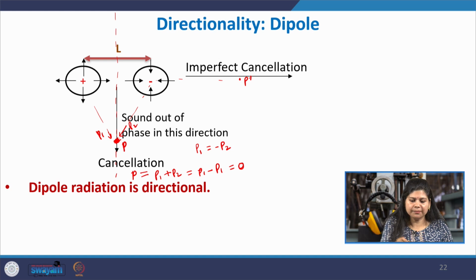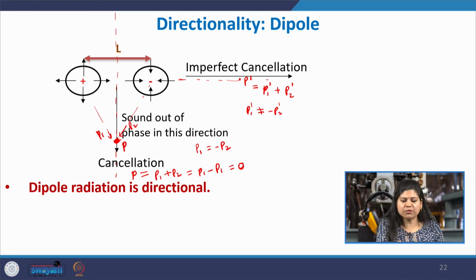what is happening? This P dash is again due to the first monopole plus the pressure due to the second monopole, but here P1 dash is not exactly equal to P2 dash, because the distance is changing.